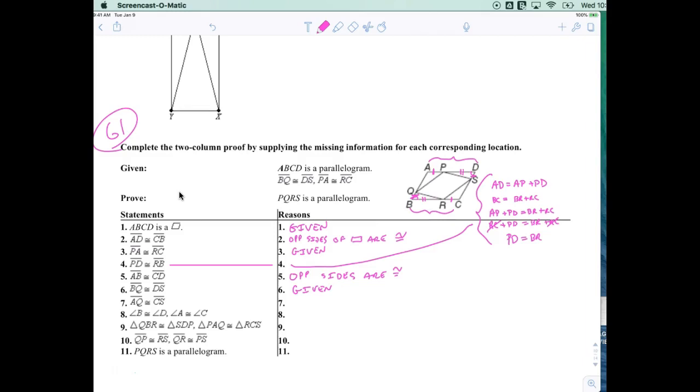But we could have. Yeah. So 7, AQ is congruent to CS.